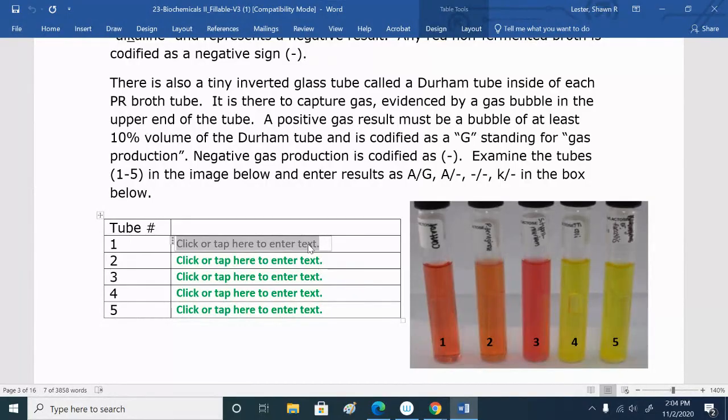How would you score it? A? Well, it's red. Tube number 1 is red. So what does that mean? So G? Do you see a gas bubble in here? Oh no. So K? I don't see anything. So we'd be a negative, right? No acid, no gas. What about tube 2?